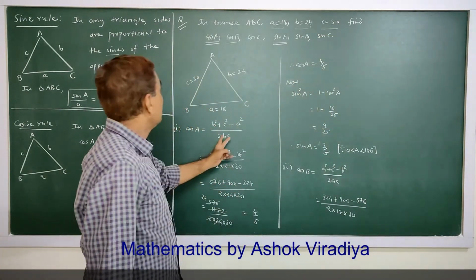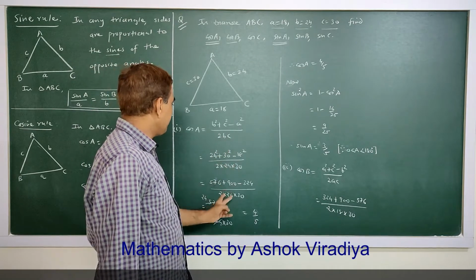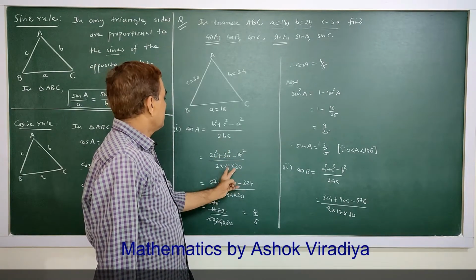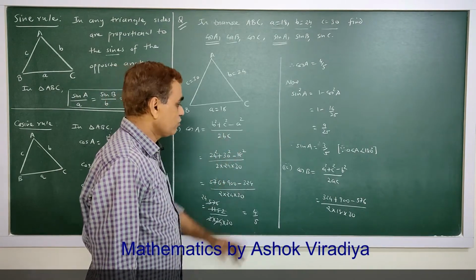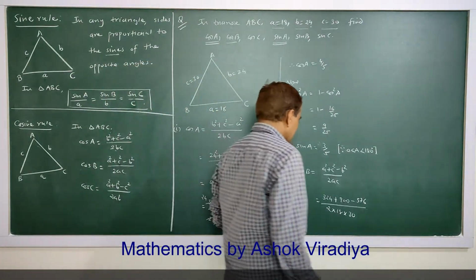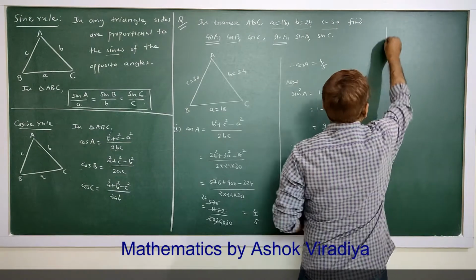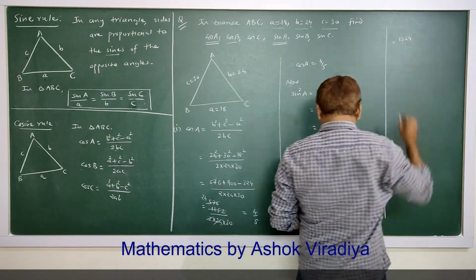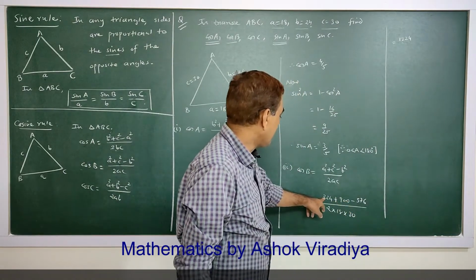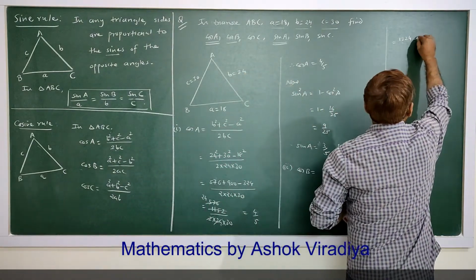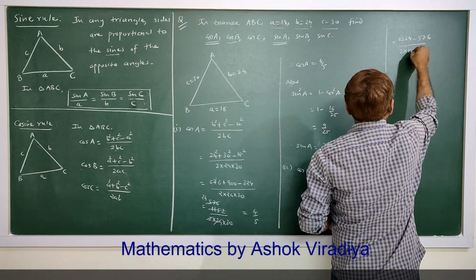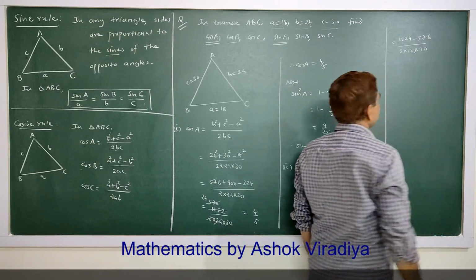Here it was 2AC, A was 18 and C was 30. Okay, so 324 plus 900 is 1224. 1224 minus 576 upon 2 into 18 into 30.